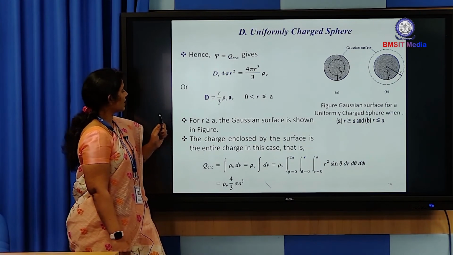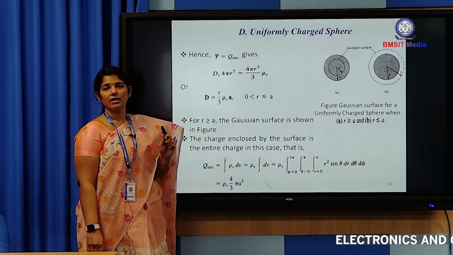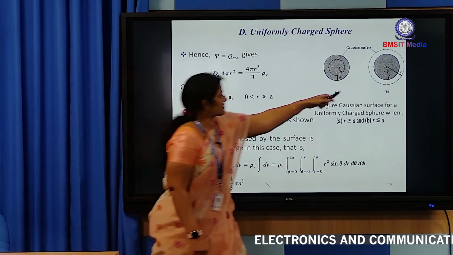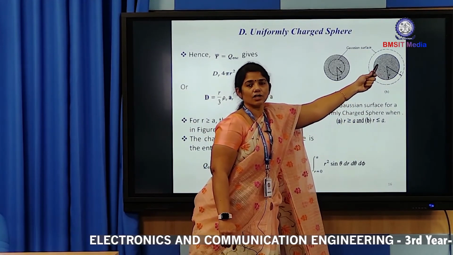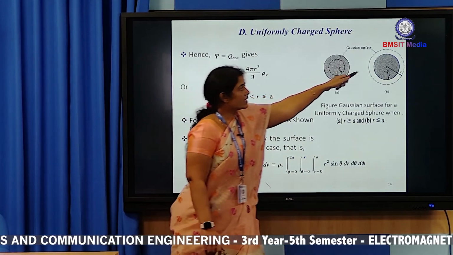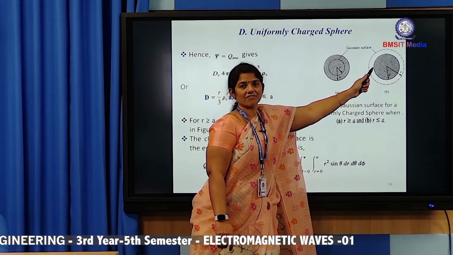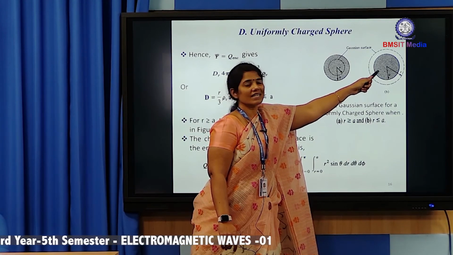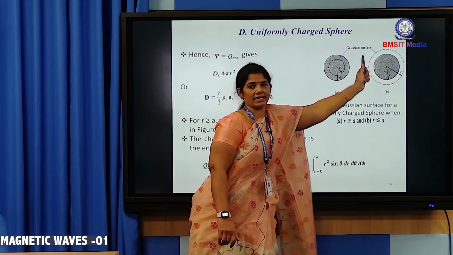Next case, when we consider r greater than or equal to a, the Gaussian surface is this. By taking that Gaussian surface into consideration, the charge enclosed by the surface is the entire charge in this case.